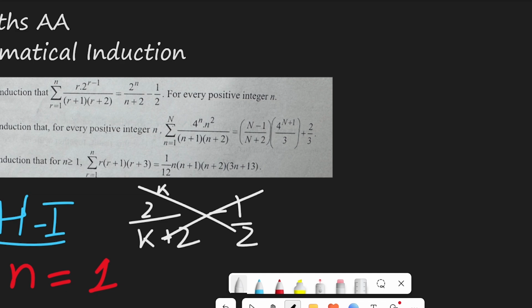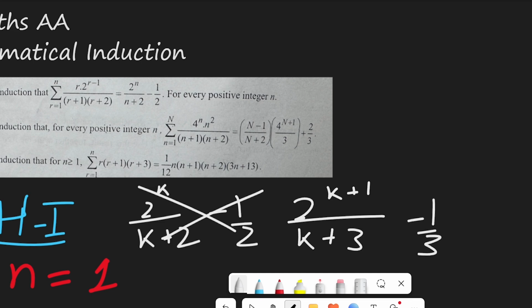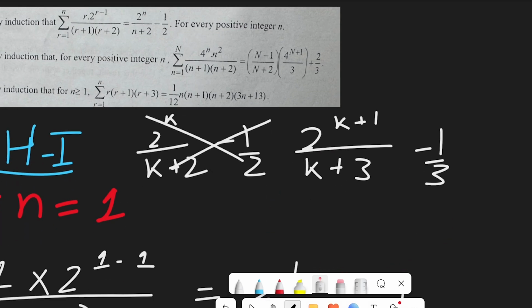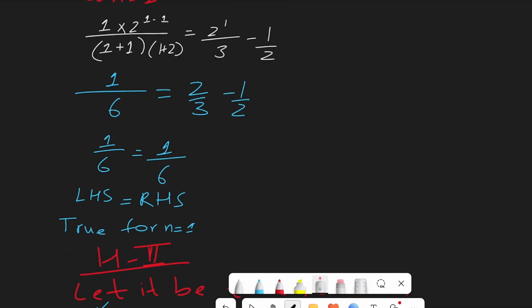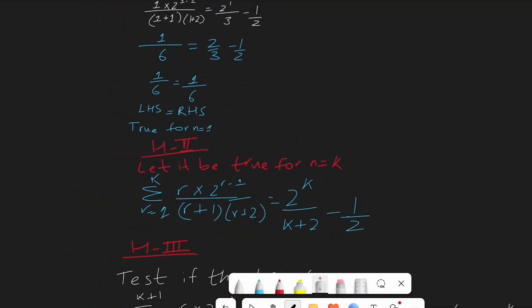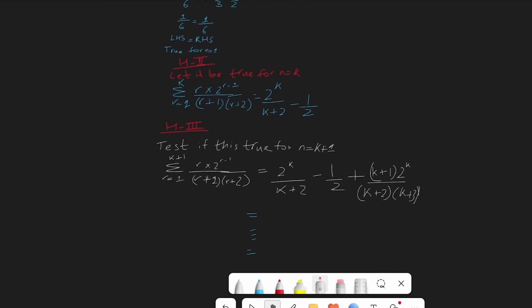So what should actually be the answer? 2 power k plus 1 over k plus 1 plus 2, which is k plus 3, minus 1 over 2. This should be our resulting equation, and if this comes out, that means we have achieved our objective. I'll just let it remain over here and move on to hypothesis 3.